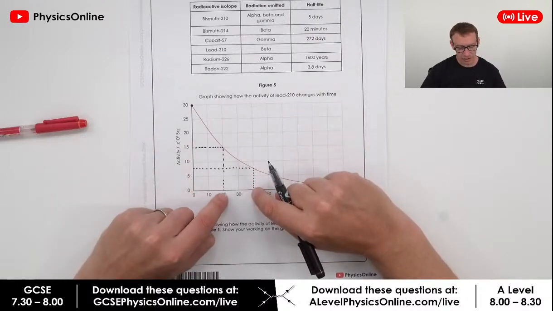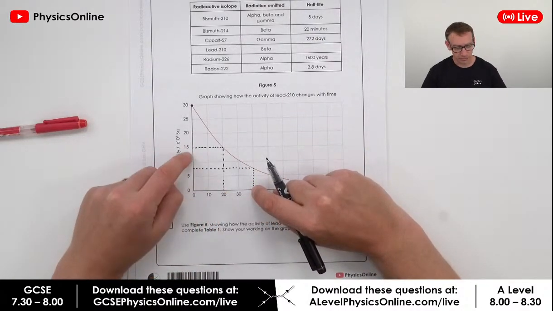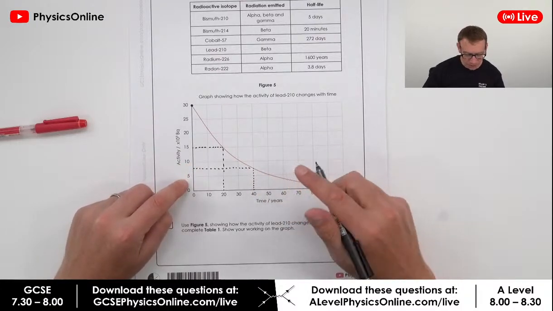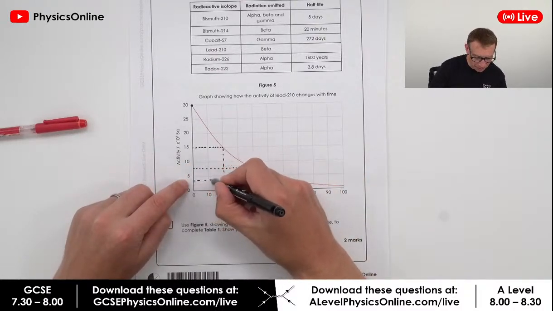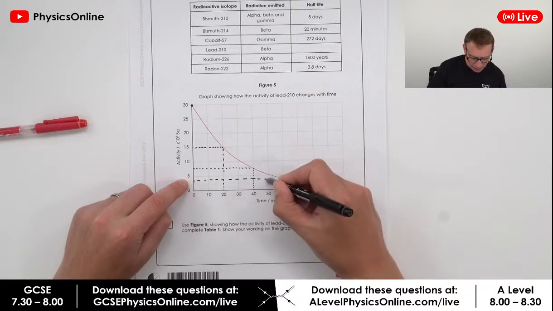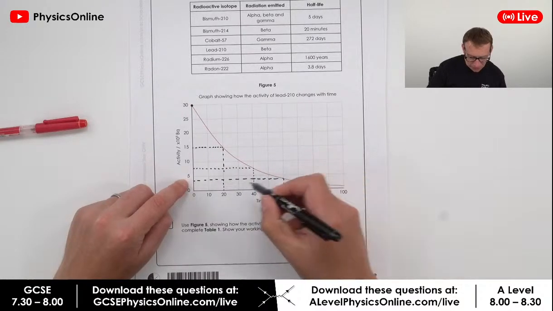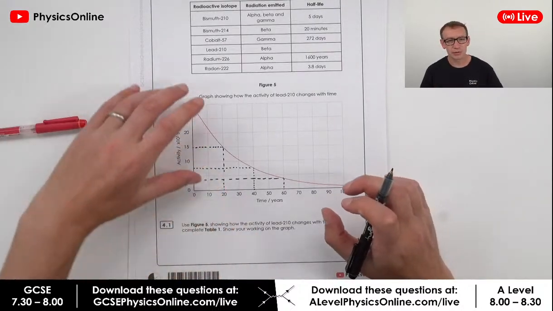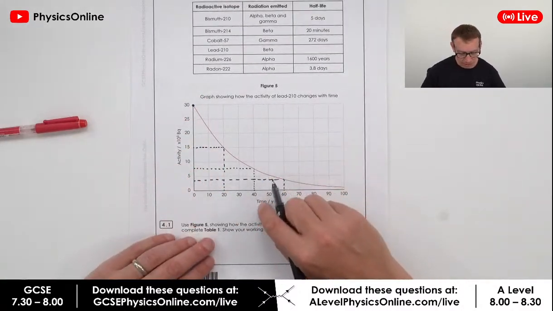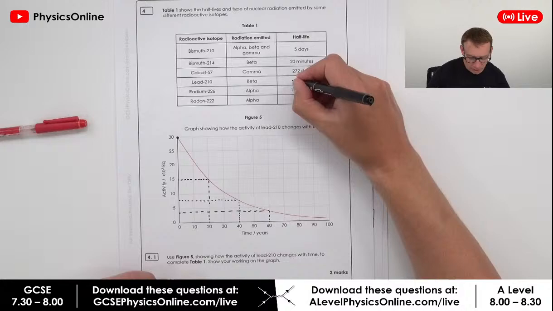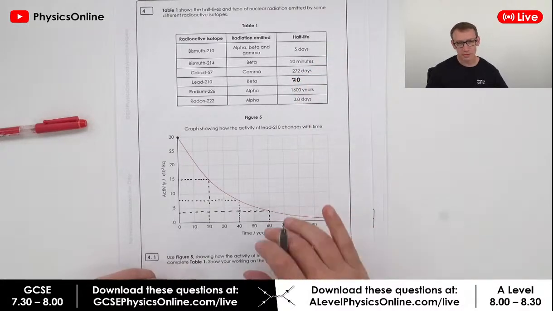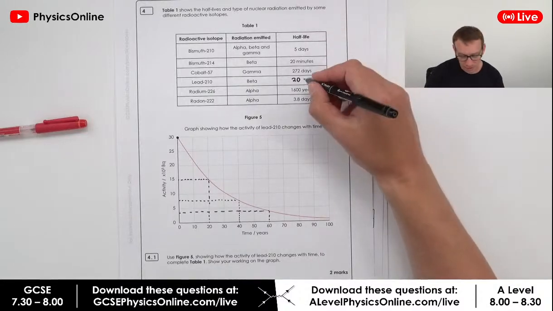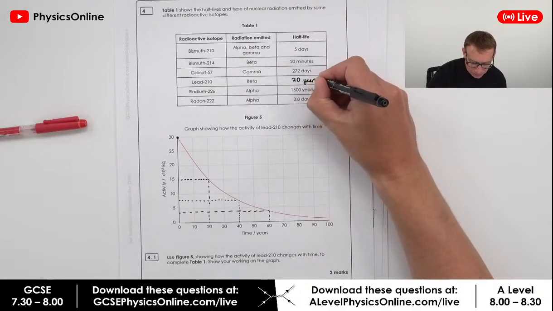And over the next 20 years, it would again drop down to half of that value, at 60, and then half again at 80, and so on. So in the same time period, it drops by the same proportion. So for this one, the half-life is equal to 20. And of course, we need to make sure we include the unit, because some of these have got half-lives of minutes or days. This one happens to be 20 years.